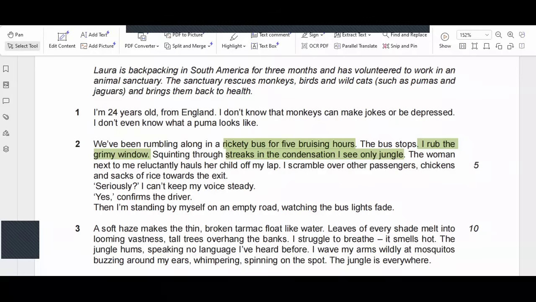A very important keyword used here in the sentence is streak and condensation. So it is basically pronounced as a condensation streak, right? So what is it? Condensation streaks are a sort of watermarks, or you can say stains, which are left on surfaces like walls, windows, or mirrors when warm or moist air hits them and they cool down.